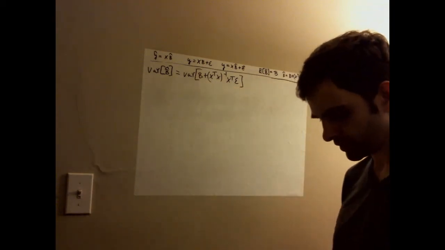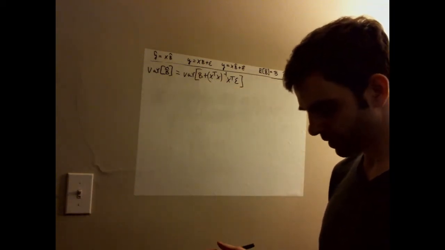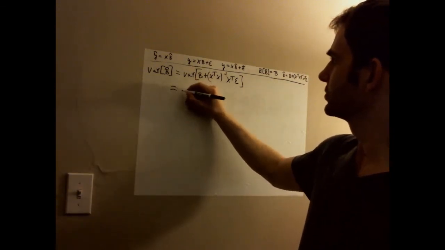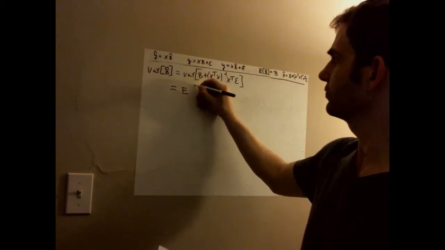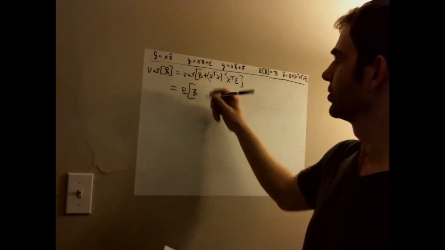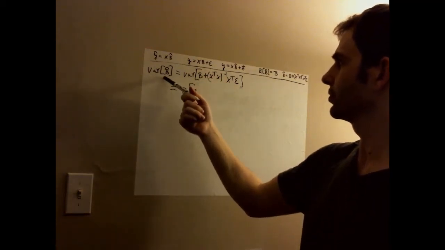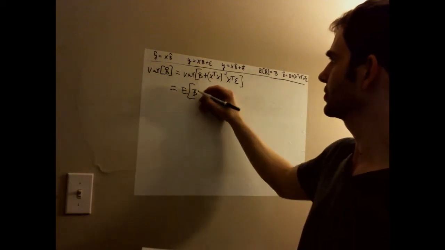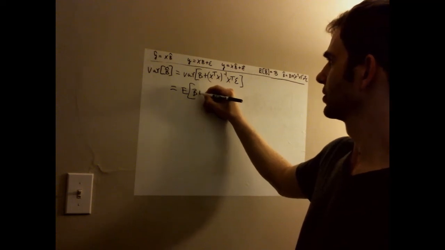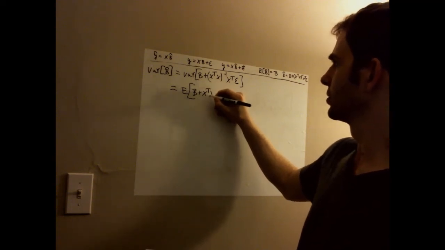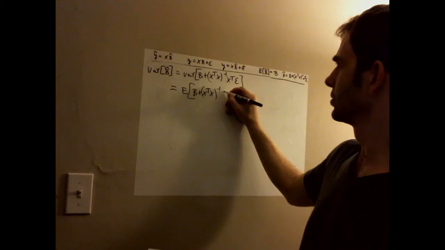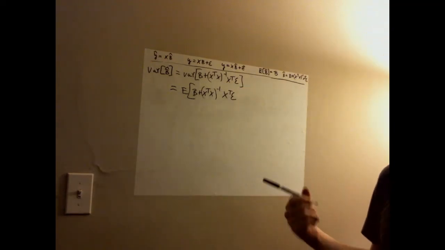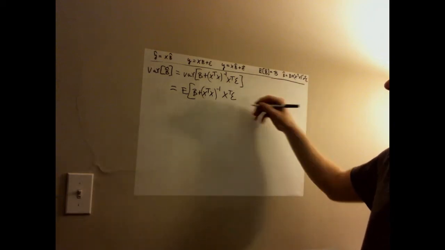Maybe I should do another video on matrix stuff, but for now, we have that this variance can be written as the expected value of whatever is in the variance function, which we've just rewritten as this. So it's this thing, and then we're going to subtract from it its expected value, which we know to be beta.